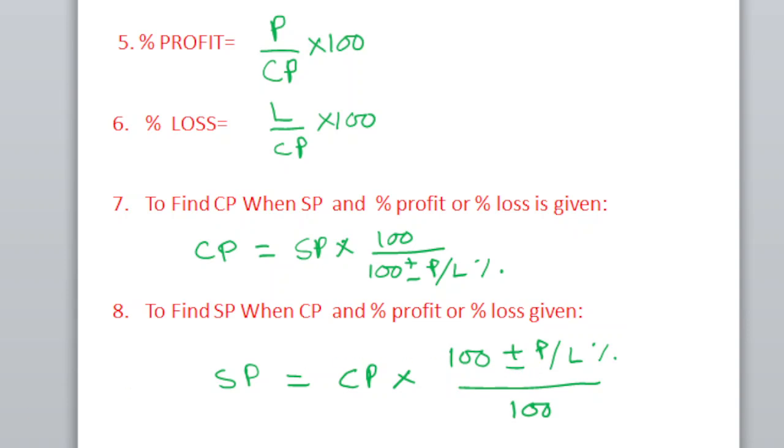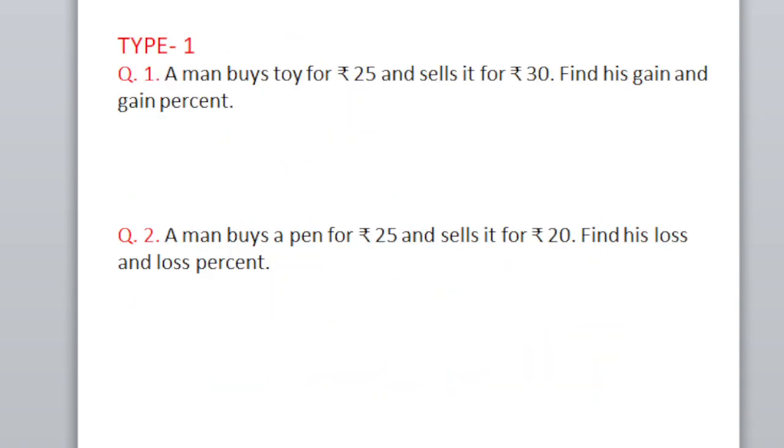Now next, type 1, question number 1. A man buys a toy for rupees 25 and sells it for rupees 30.